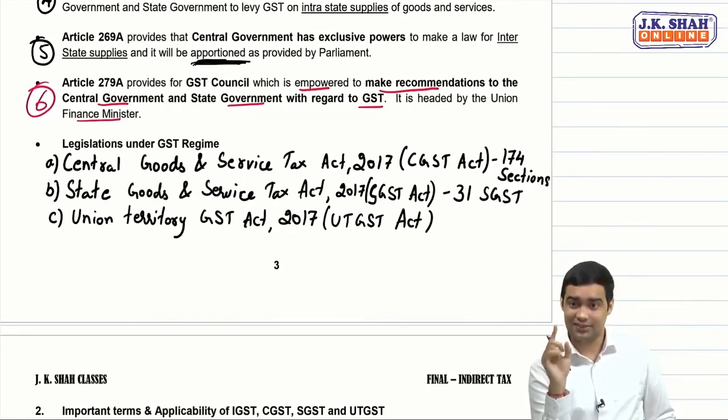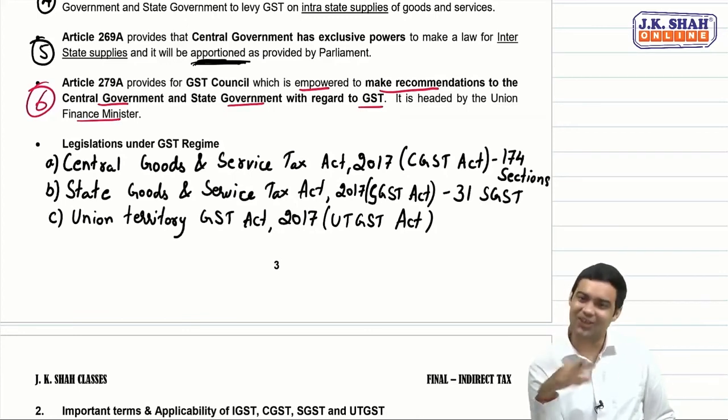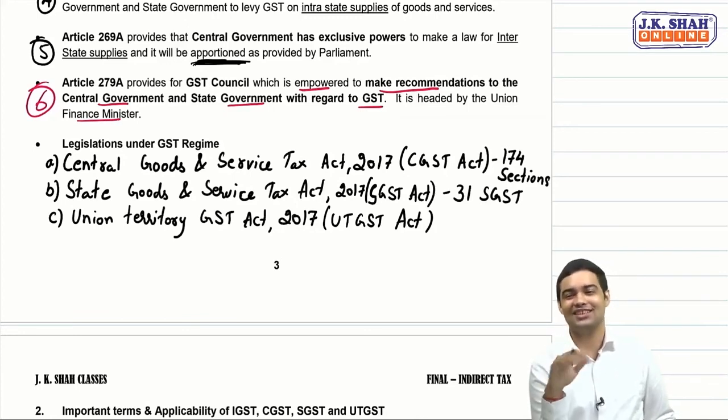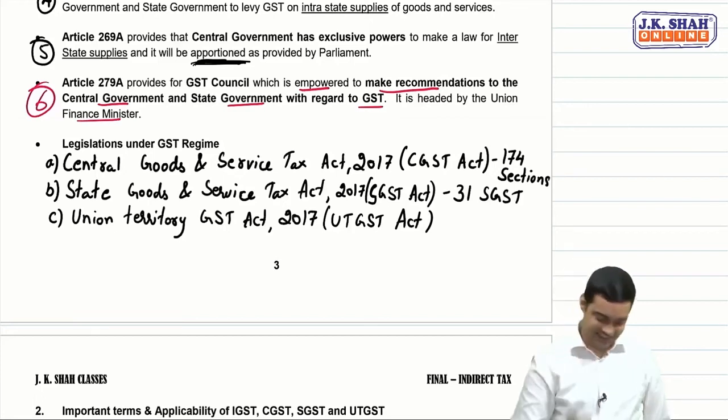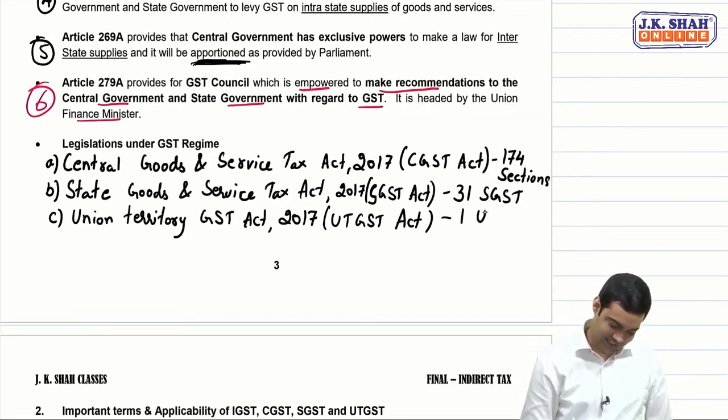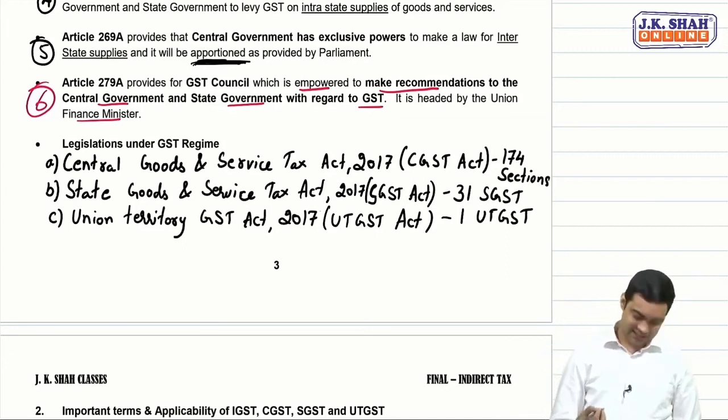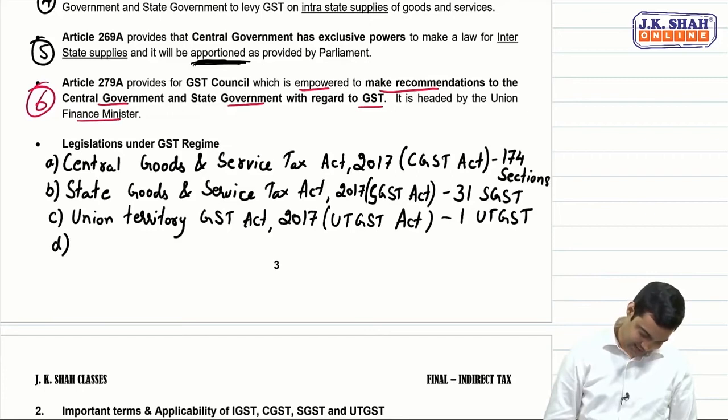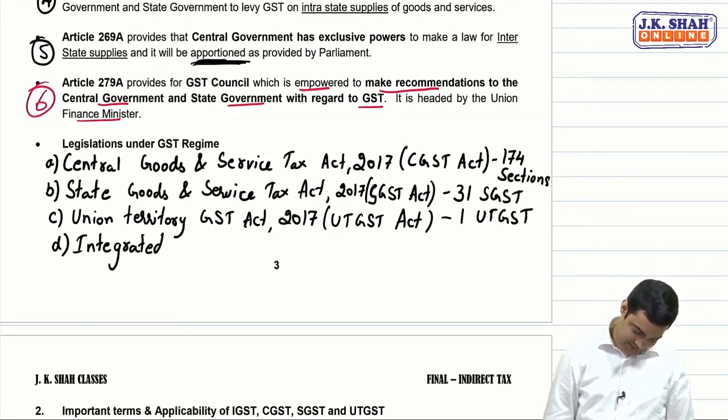Absolutely wrong. There's only one UTGST, because all these UTGSTs without legislature are controlled by the central government, and hence there is only one UTGST Act. Again, it's similar to CGST Act. And last one is integrated. We'll come to the meaning of integrated.